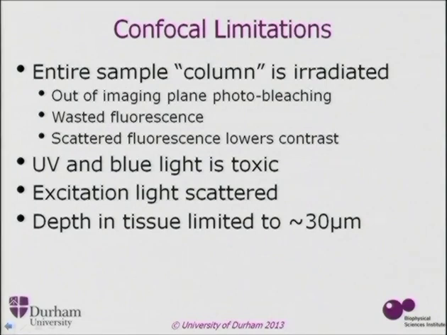And as we heard yesterday, blue and UV light is not good, and everyone knows about this. It can be toxic. We also get the excited light being scattered, and generally this is a very, very approximate thing. But very often, if you want to image to 30 or 50 microns, confocal imaging works. Beyond that, depending on the tissue exactly, it becomes more of an issue.